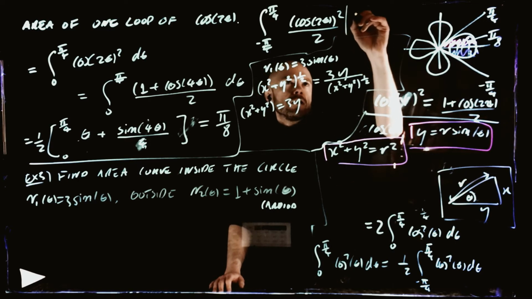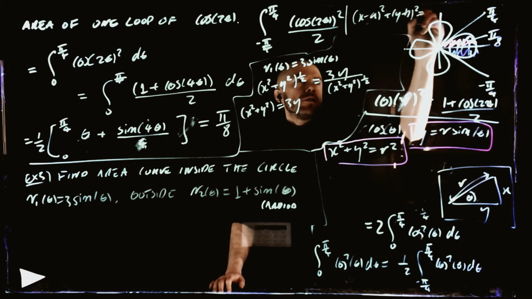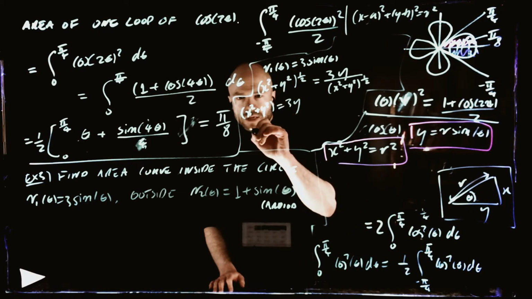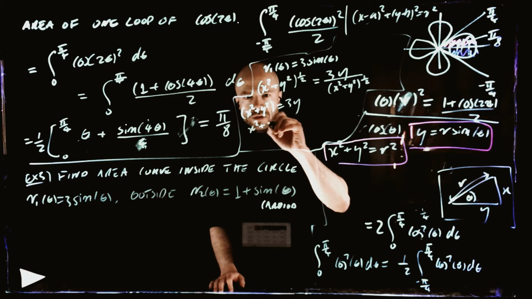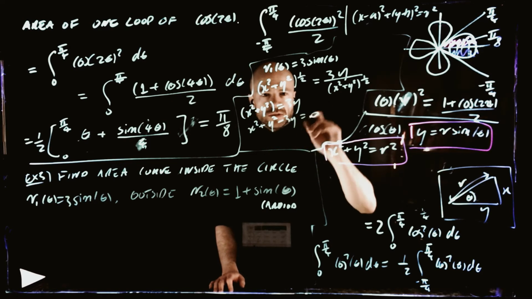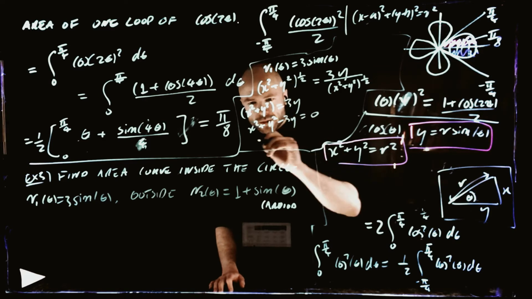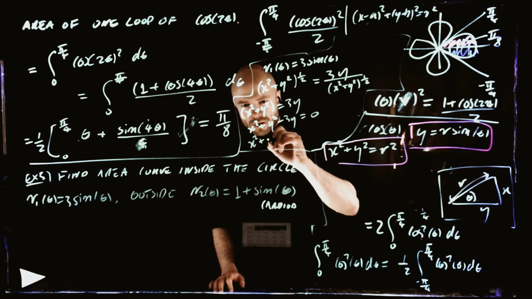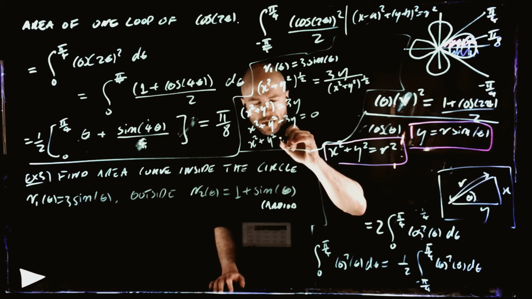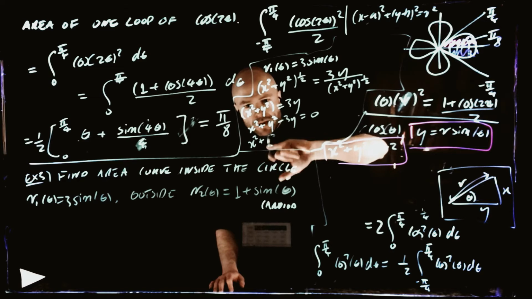The general formula for a circle is x minus a squared plus y minus b squared equals r squared. So let's write it like this: x squared plus y squared minus 3y equals 0. Now complete the square, so that we get the r squared in terms of y.